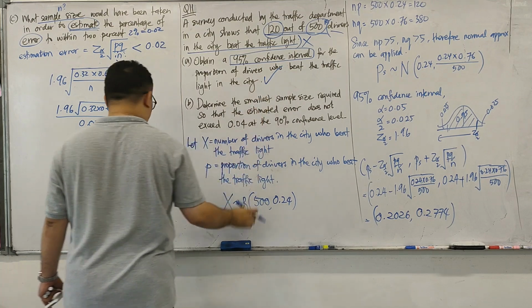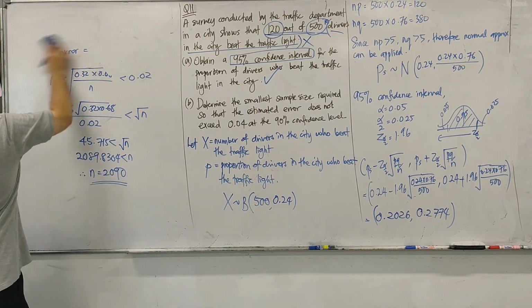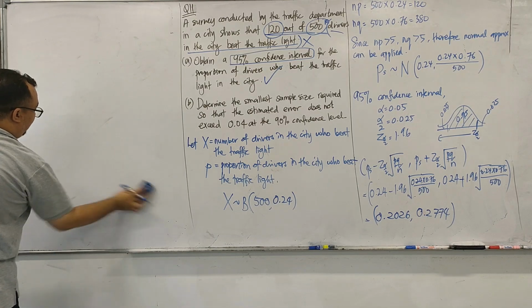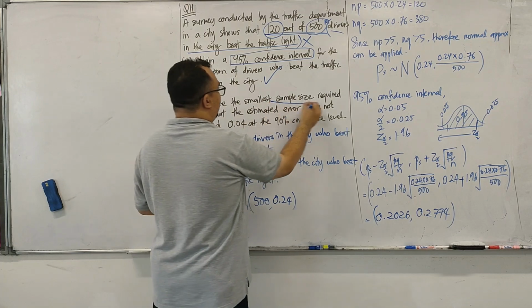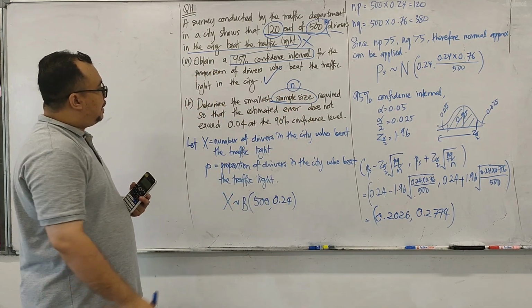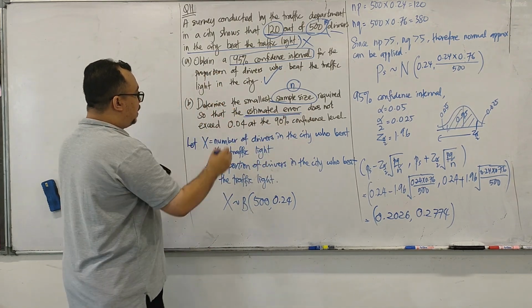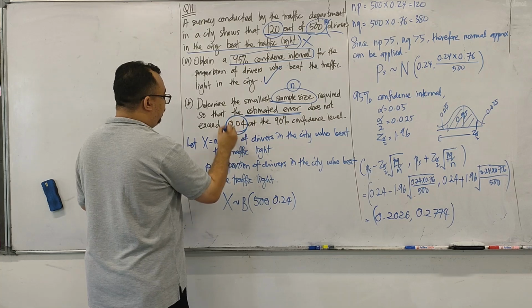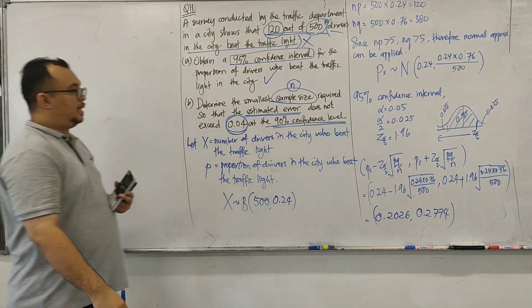So we are done with part A. So let's look at part B. Okay, what do we mean by part B? Determine the smaller sample size. So you are required to calculate n, so that the estimated error, this is estimation error, does not exceed 0.04 at 90% confidence interval.